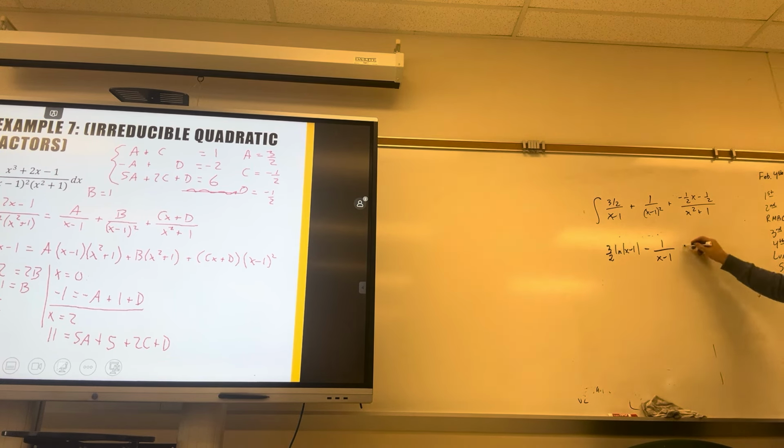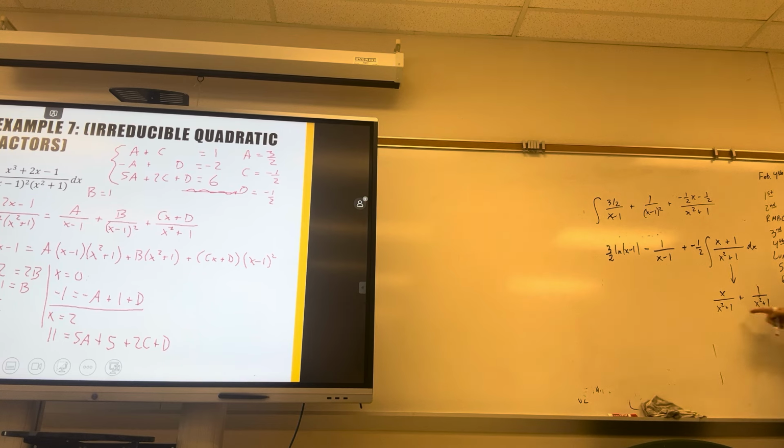And then this one, what I would do, since these are both negative a half, take that out, and now you have this. And that actually looks tricky, but the secret to this one, and we'll go over this more in the coming days, is if you break apart this fraction into 2 separate fractions, remember you can split up the numerator, you get x over x squared plus 1 plus 1 over x squared plus 1.